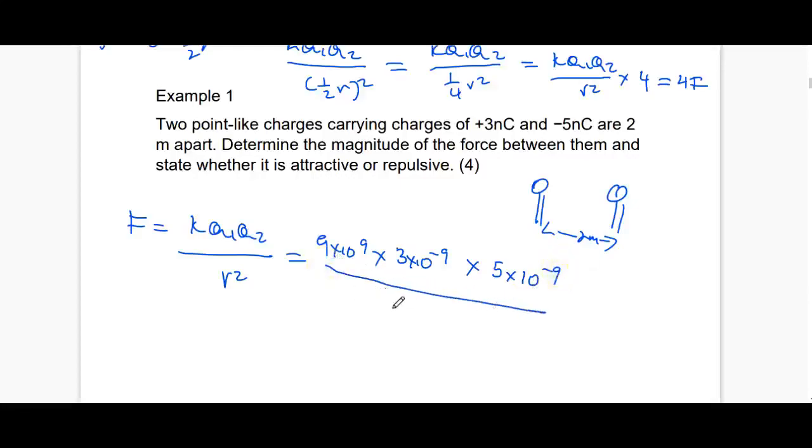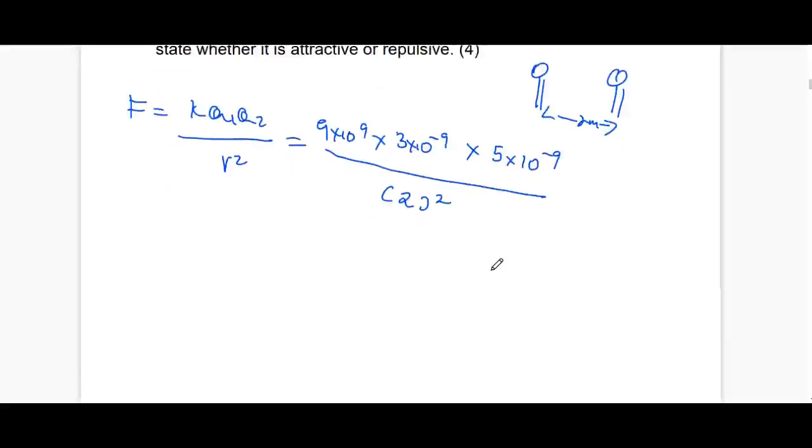Divide by r squared. How much is r? r is 2 meters. Notice that we work with SI units, so r needs to be in meters. If it is not in meters, you have to convert. I don't have to convert because it's in meters. Now I proceed to press my calculator: 9 times 10 to the power 9 multiplied by 3 times 10 to the power minus 9 times 5 times 10 to the power minus 9, divided by 4.